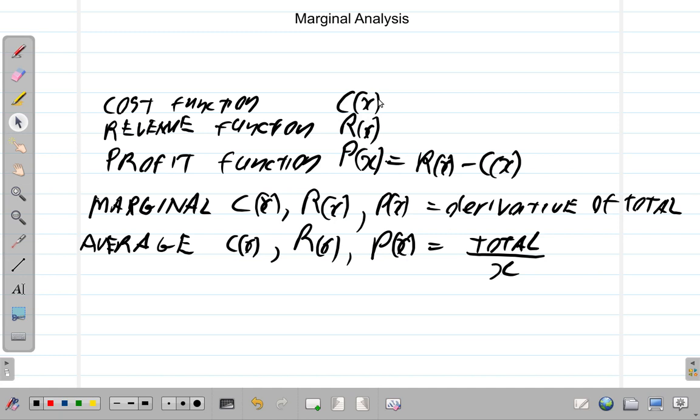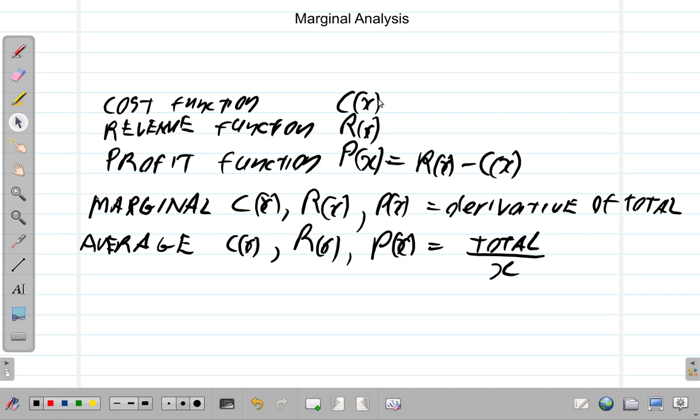All right. Now, the marginal cost, marginal revenue, or the marginal profit would be, for example, the marginal cost would be the additional cost that you would face from investing in one more unit or one more item.